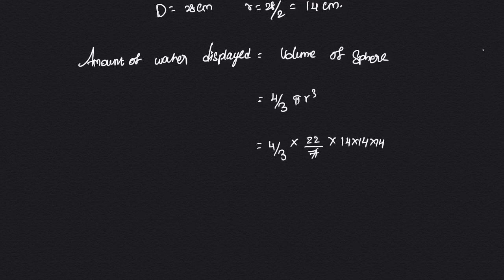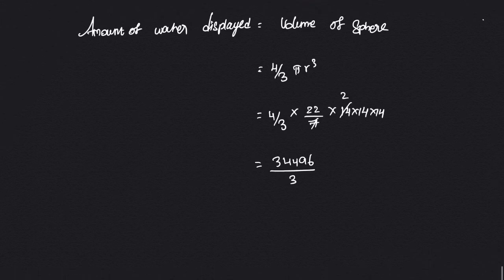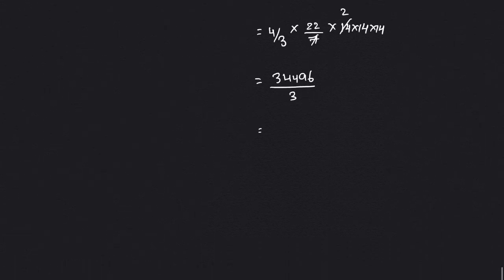So after cancelling, this will be equal to 2. Then final value is 34496 divided by 3. Then after cancelling, 11498.66 centimeter cube is the volume.